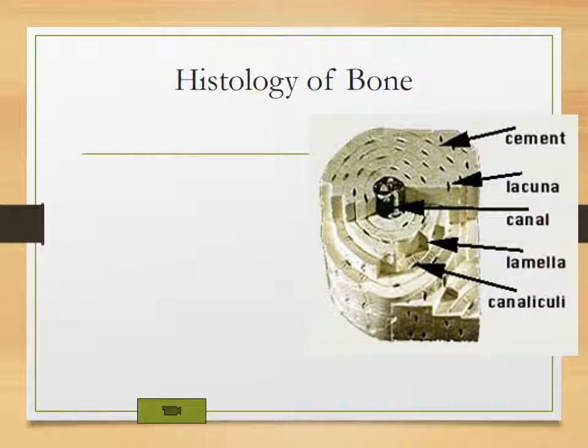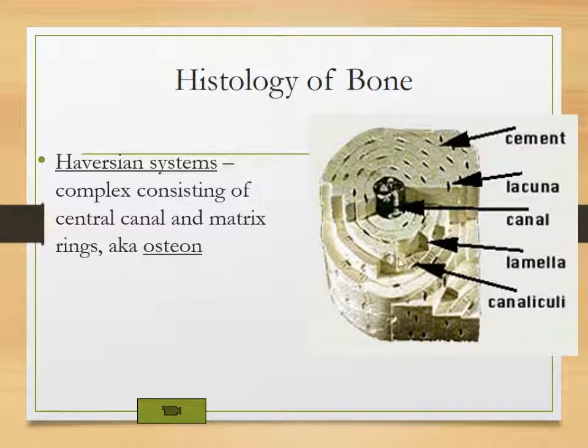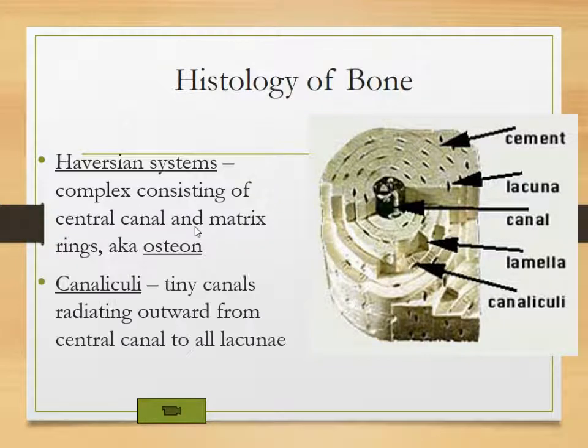Going into a little bit more detail, histology is another term for the microscopic anatomy of a bone. So this system here is called a Haversian system. So one of these big rings here around the central canal, this whole thing here is a Haversian system or an osteon.